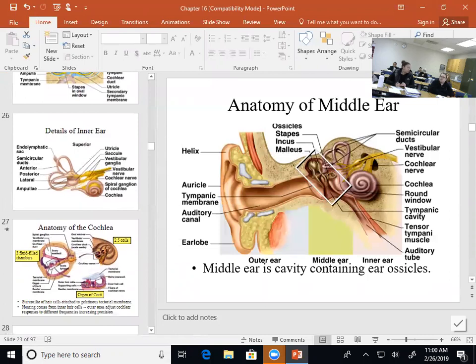What's the most common cause of otitis media? Allergies. What's next? Viral. What's the rarest? Bacterial. What do parents want when their kids have otitis media? Antibiotics. Do they work? No. Sometimes they're given prophylactically. What does that mean?